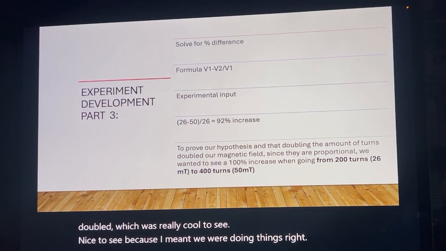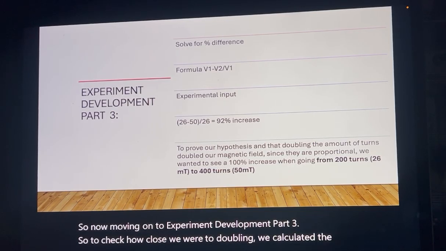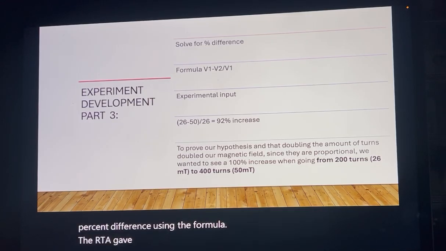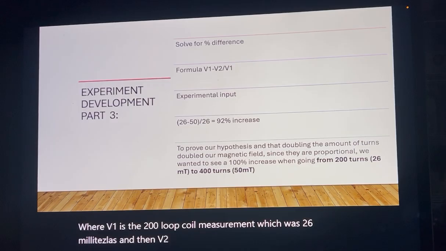So now moving on to experiment development part 3. To check how close we were to doubling, we calculated the percent difference using the formula that RTA gave us, V1 minus V2 all over V1, where V1 is the 200 loop coil measurement, which was 26 milliteslas, and V2 was the 400 loop coil measurement, which was 50 milliteslas.